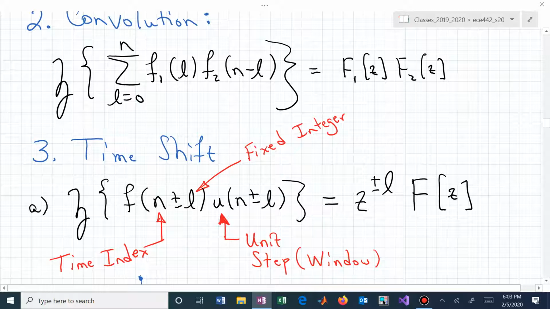We are consistent with when we're switching the function on, based on how much it is advanced or delayed. In that case, we have nothing left over. We simply have a time-shifted result in the frequency domain, which corresponds to a multiplication by z to the L, or z to the minus L if it's an advance or a delay.